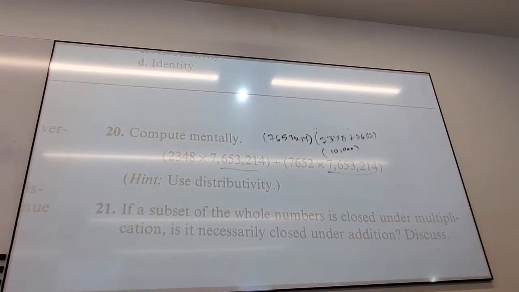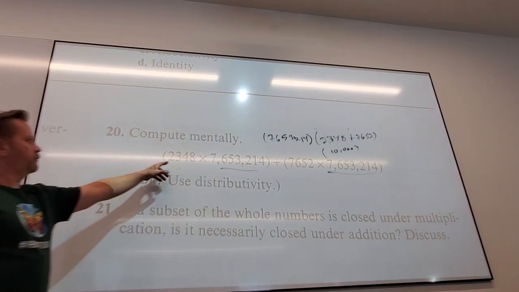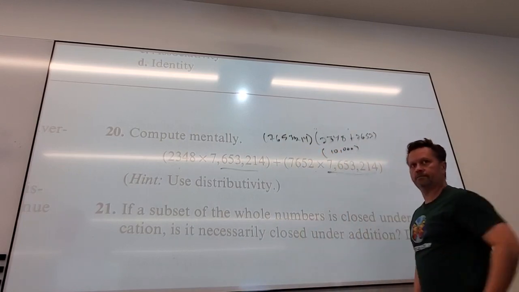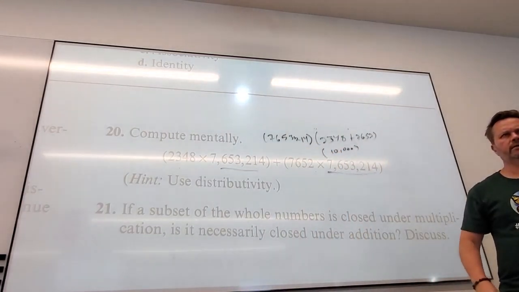If I had to do 11 times 887 plus 9 times 887, I could just do 887 times 20. It's the same thing. 11 of these plus 9 of these is 20 of these, right? So 2348 of these plus 7652 of these is 10,000 of these. That's another way to look at it.